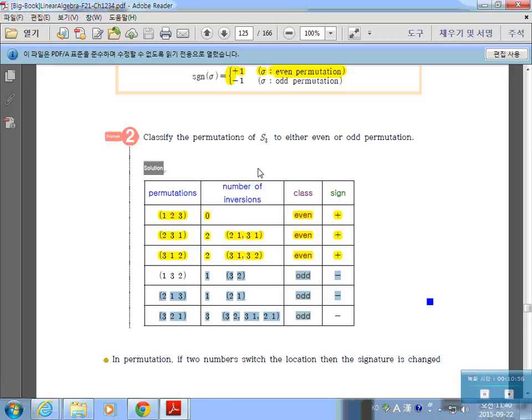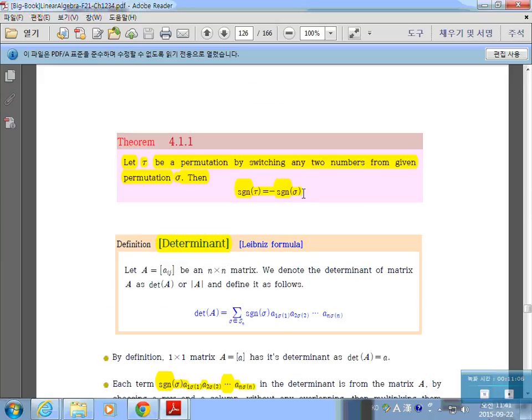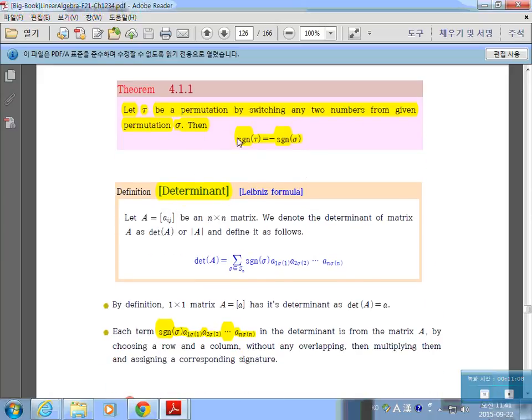Similarly, for S4, we have 24 permutations, and half of them, which is 12, are even permutations and 12 are odd permutations. Now, this is a very important property.